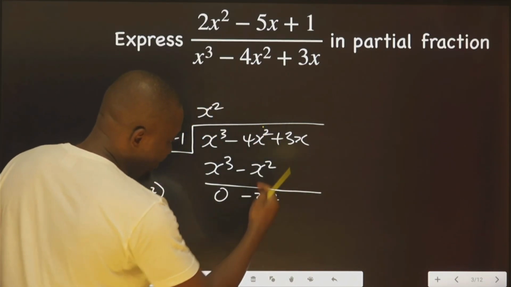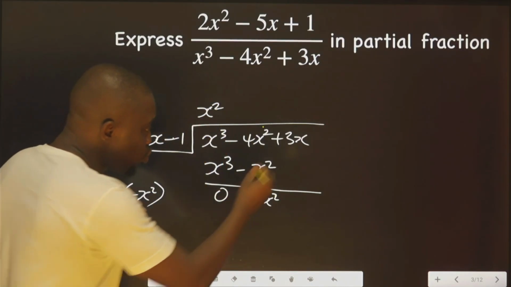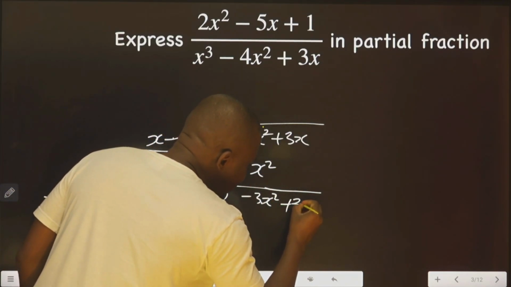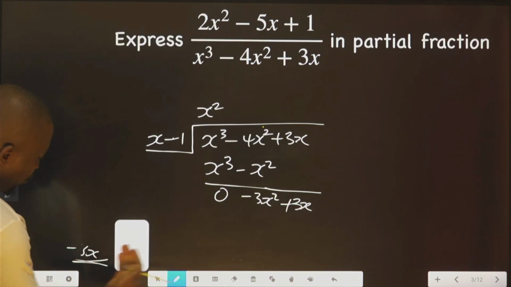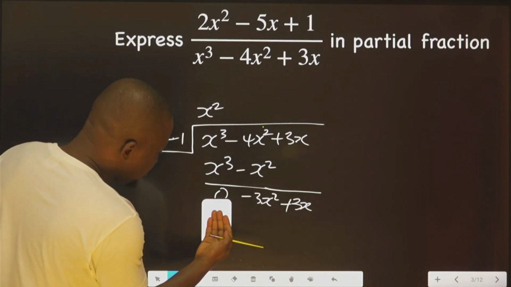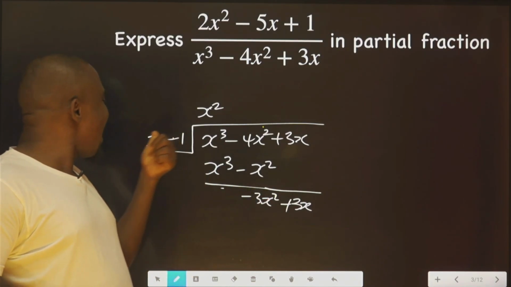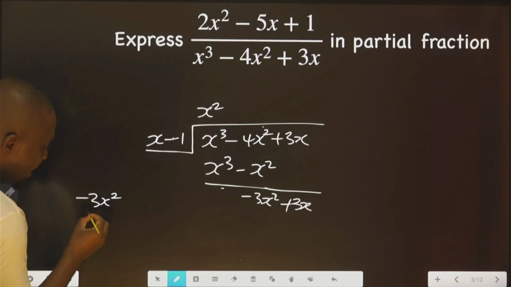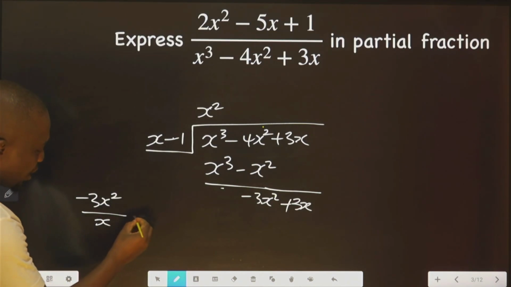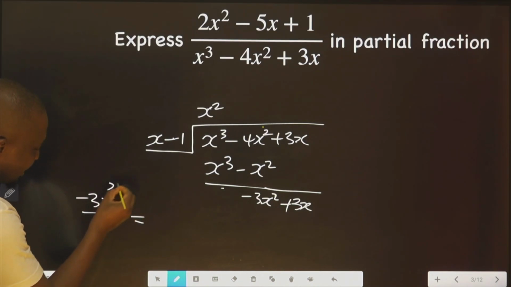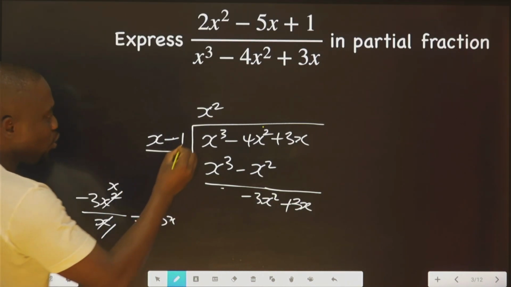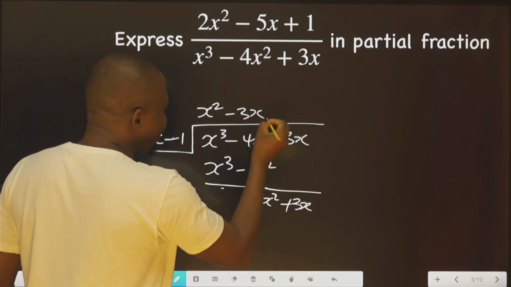Once we put this here, we must also bring this down, 3s. Then we continue. Minus 3s squared divided by s gives minus 3s. You agree with me? This is 1, this is s. That is minus 3s. We put minus 3s here.